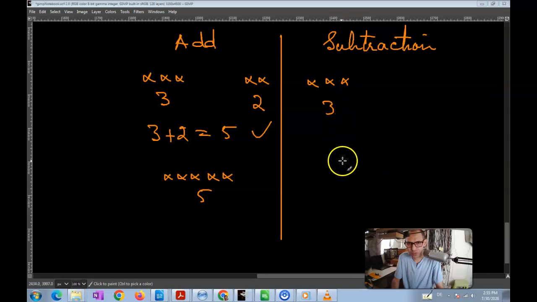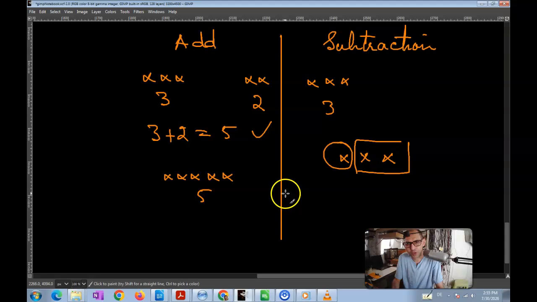So I have 1, 2 and 3 marbles over here, and I take away 2 of them. So what remains is 1 marble, right? In notation we write 3 minus 2, what remains is a 1, right? So that's subtraction.